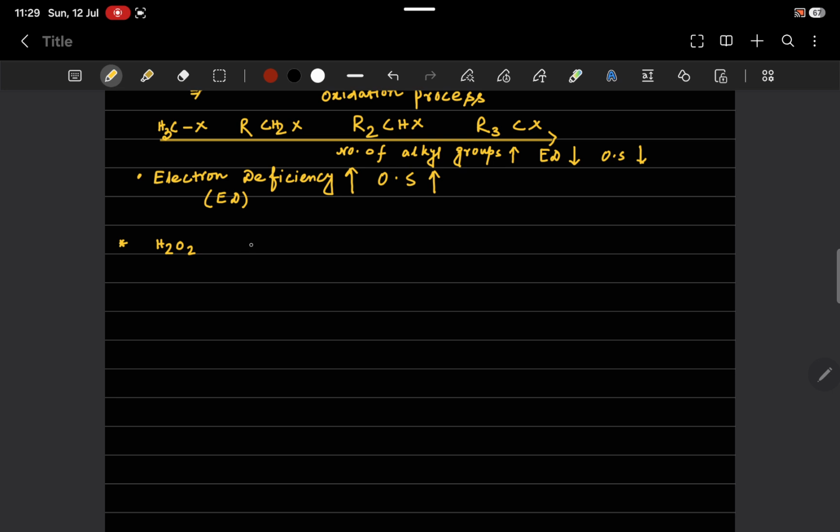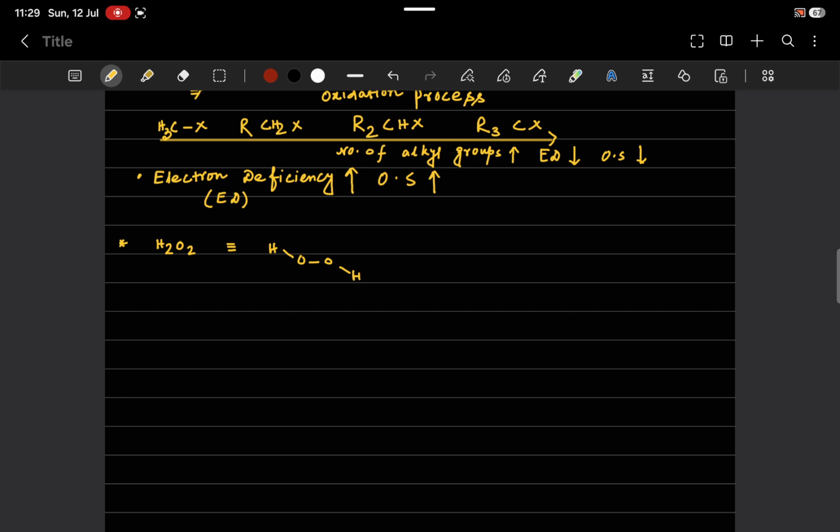Actually, let's try to draw H2O2. The H2O2 structure is something like this. It forms this type of structure, a kind of open book structure.